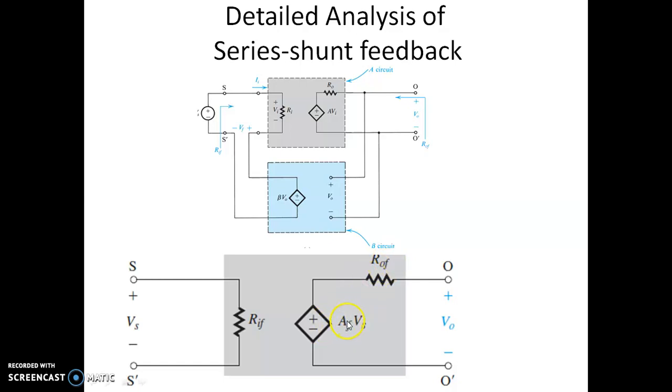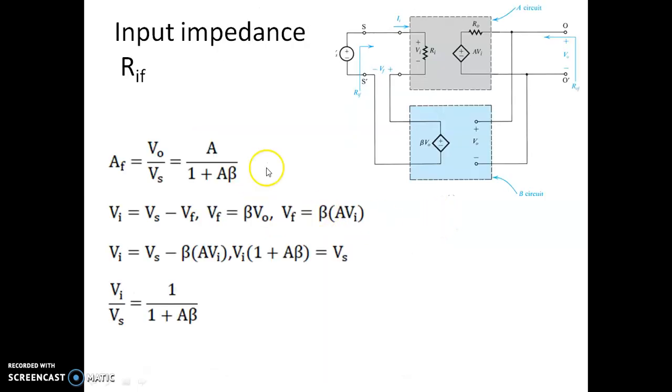AF is the amplifier gain after feedback, whereas A is the open loop gain without feedback. So this AF, as we earlier discussed, is equal to A by 1 plus A beta, because we are giving negative feedback. Of course, Vs is the supply voltage that we have.